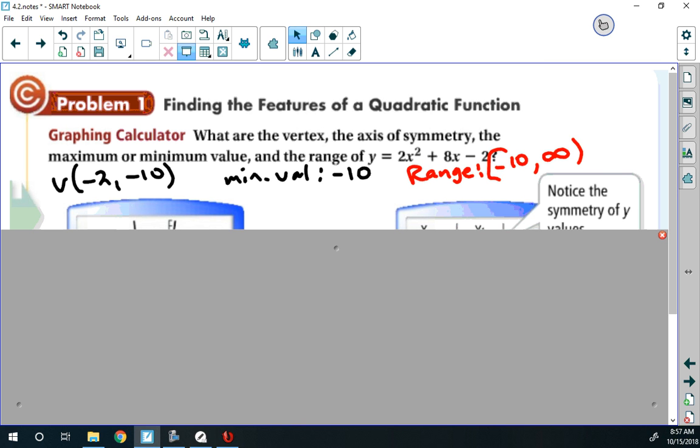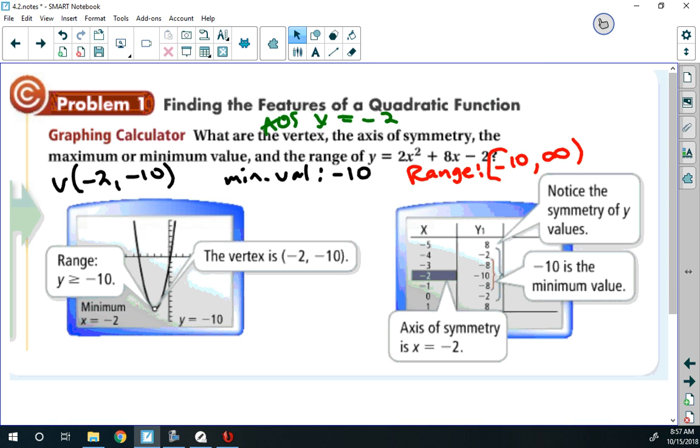All right. And the axis of symmetry of this thing would be x equals what? X equals -2. Okay. So we can use the graphing calculator to find this, and the takeaway from this should be trace, graph trace.